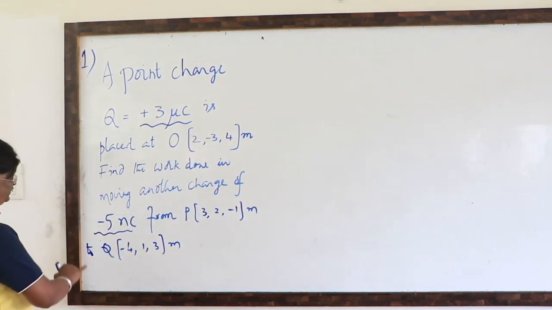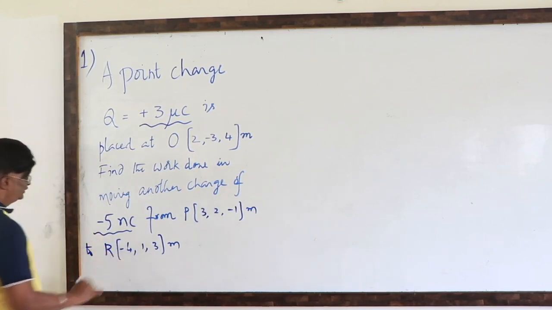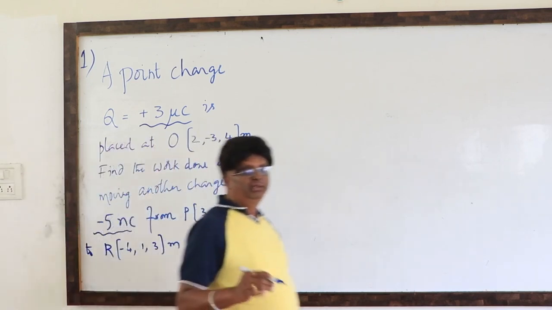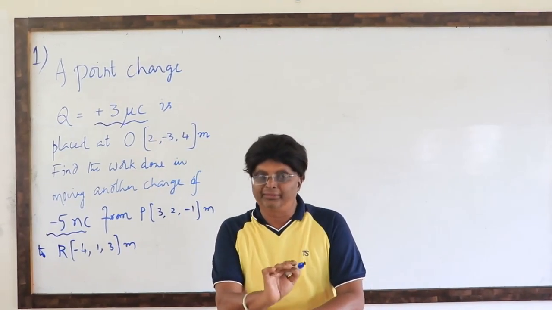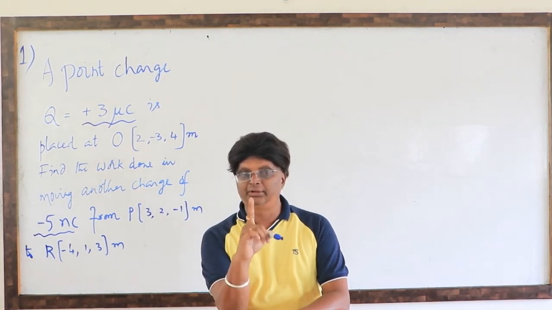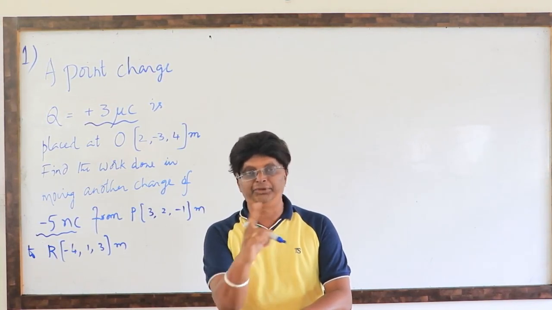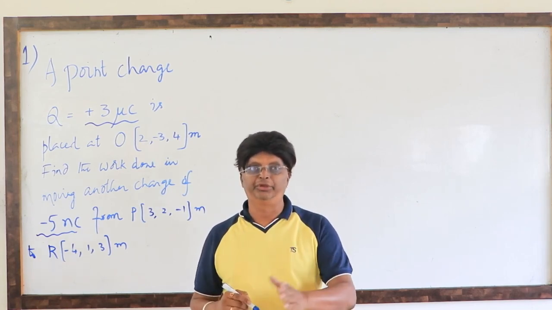Q, if I have used it earlier, let me use this point as R. This is the position (-4, 1, 3) meter, and we need to find the work done. Remember, when you are dealing with examples, it is always important to note the keywords. Here, the charges and the displacement between two positions and the work; what is our fundamental should be your take.